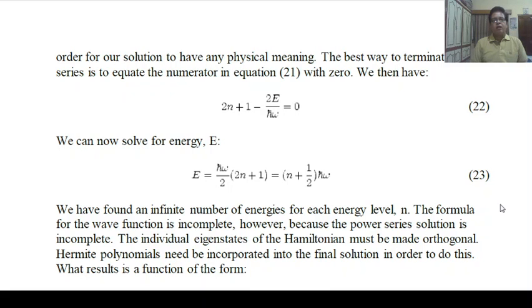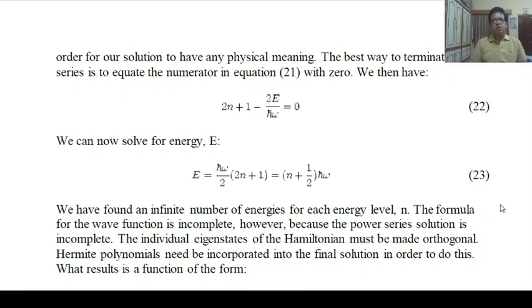We have found an infinite number of energies, one for each energy level n. The formula for the wave function is incomplete, however, because the power series solution is incomplete. The individual eigenstates of the Hamiltonian must be made orthogonal.